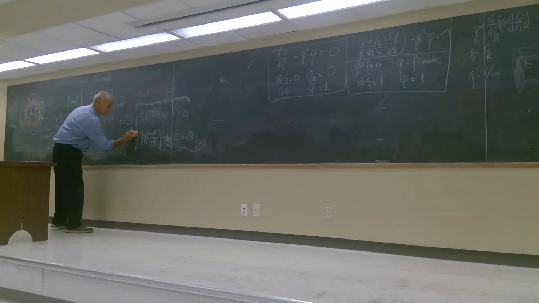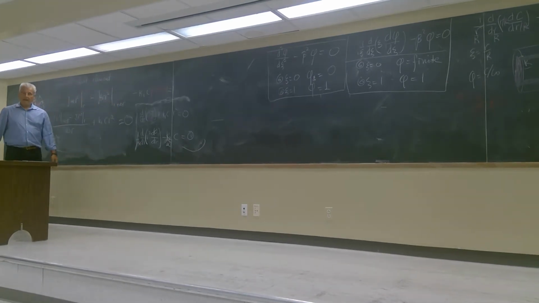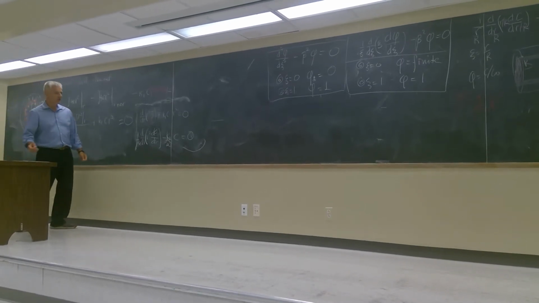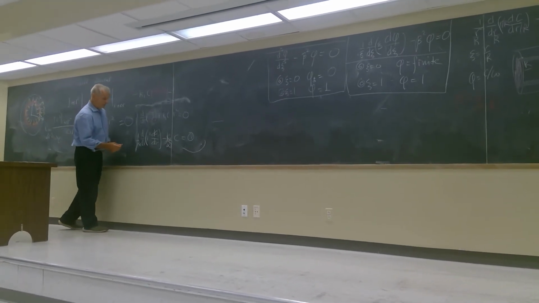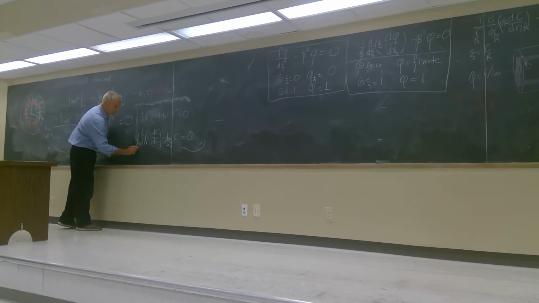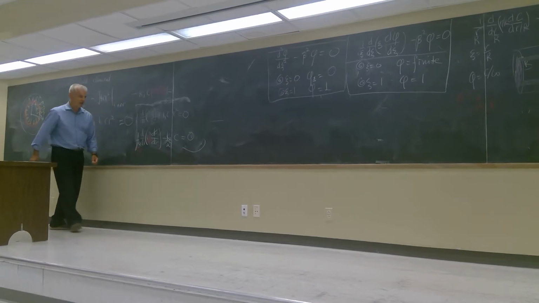And again, I choose to put the 1 over r squared multiplying that. If we do exactly the same non-dimensionalization, namely, if I divide this by r squared and this by r squared, I haven't changed anything.